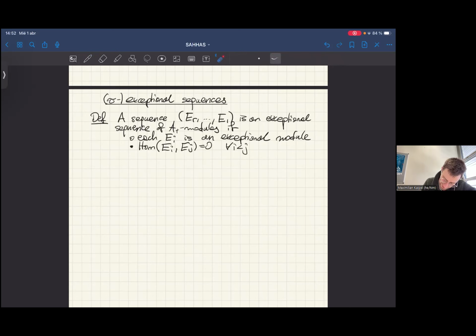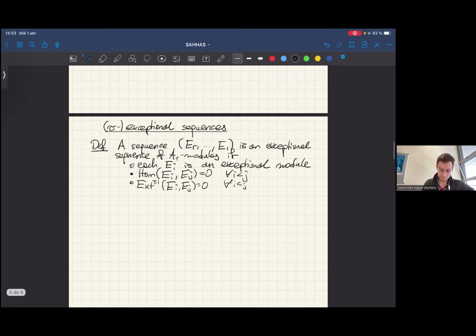So the point is that you do not have maps going from right to left. So from E_1, I cannot have homomorphisms to anything else on the left. I can, however, have morphisms from the left to the right. So E_R could have a map to E_1, but not the other way around. And similarly, the same holds for extensions. So higher extensions also only go in one direction, which is the same direction as here.